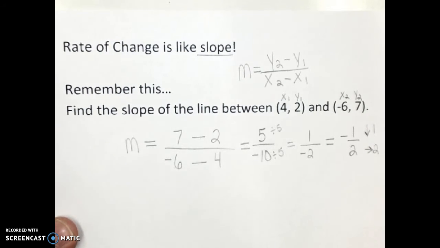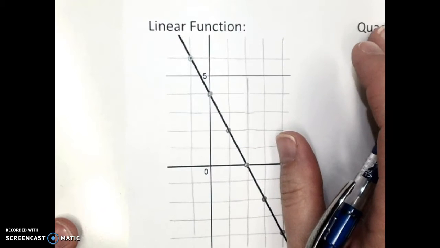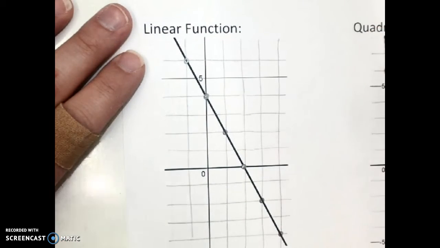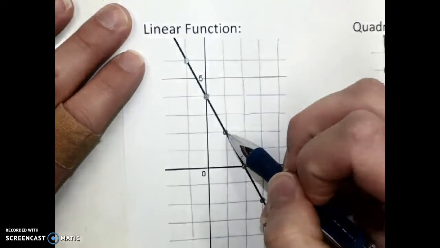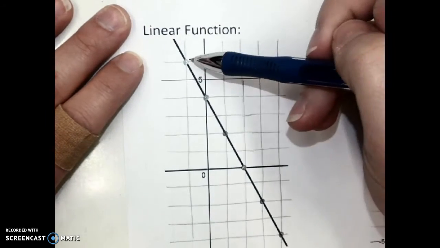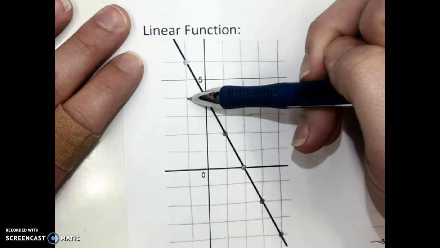So far, you've only done slope with linear functions. When you look at a linear function, it's a line. I've graphed this line, and I've already darkened the exact points. To go from one point to the next, I will go down 2, right 1.